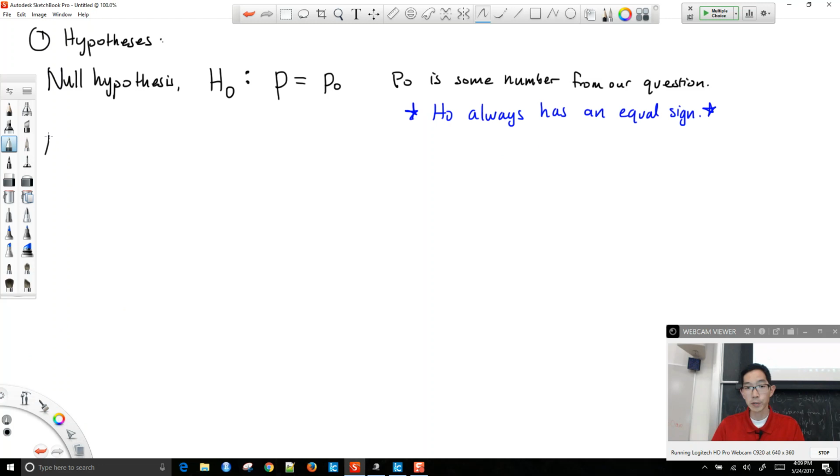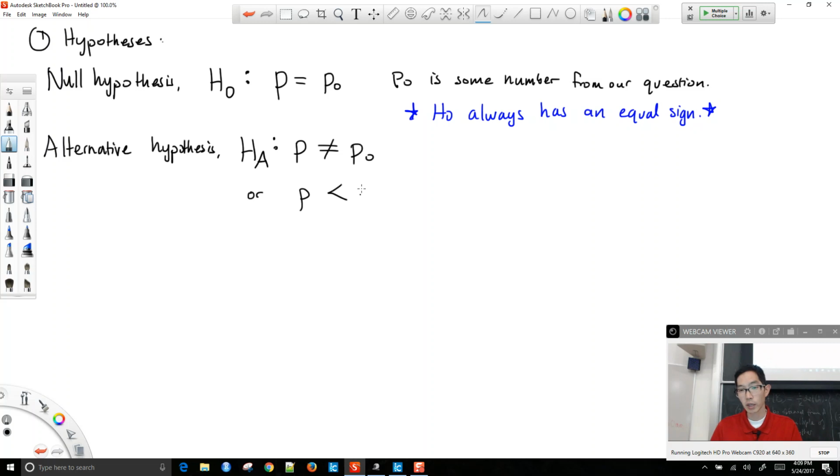The alternative hypothesis, HA, is P is not equal to that value, or P is less than that value, or P is greater than the value, okay?